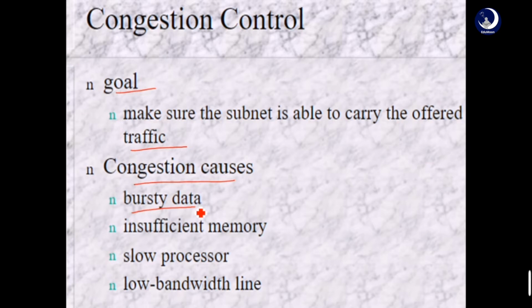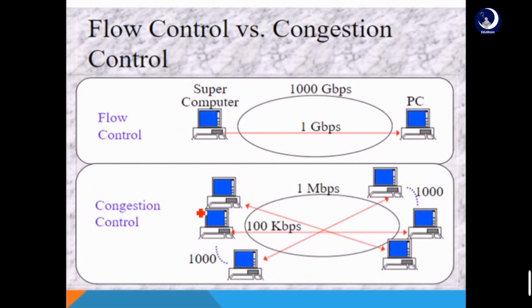Next, coming to the difference between flow control and congestion control. Congestion control ensures that the network is able to carry the offered traffic, whereas flow control ensures that a fast sender does not overwhelm a slow receiver.